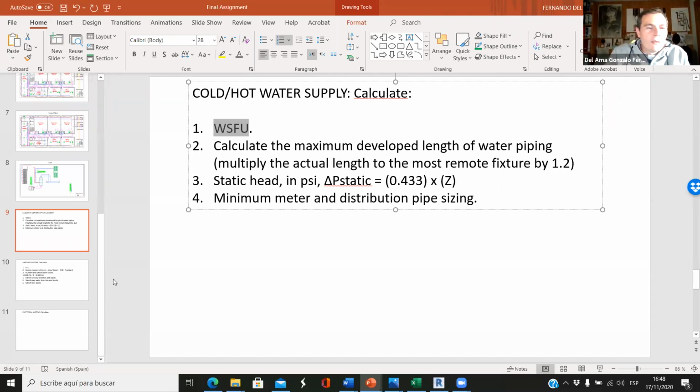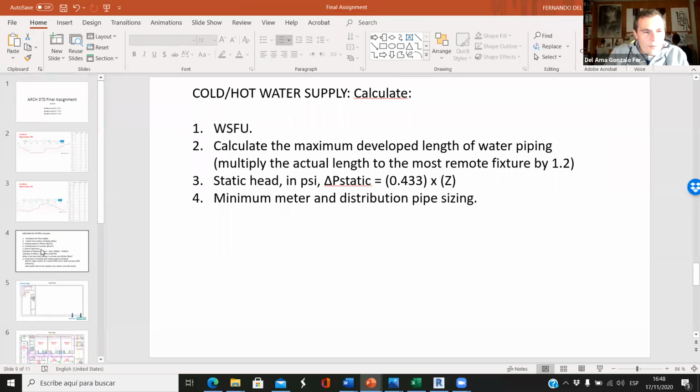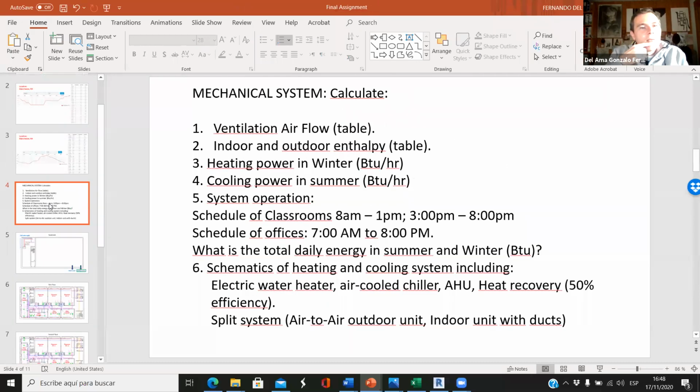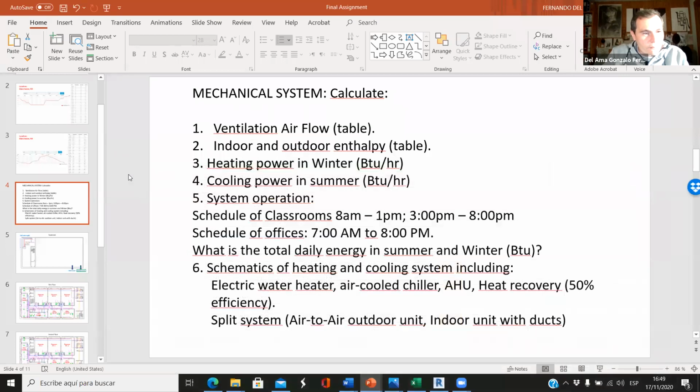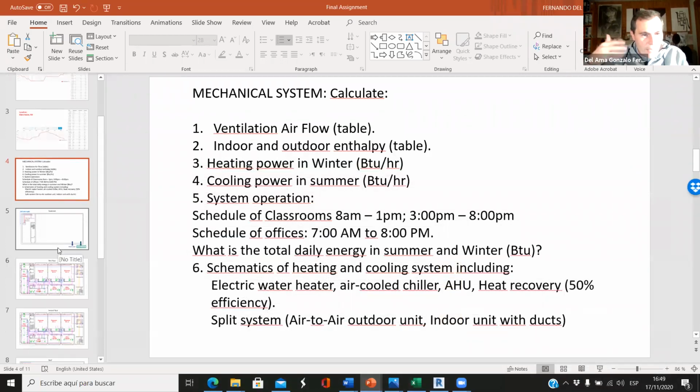That's the only thing. But when it comes to the mechanical, we do have to calculate something. Since we did this at the beginning of the course using this Excel file, I'm going to do it again so that you can refresh your memory.